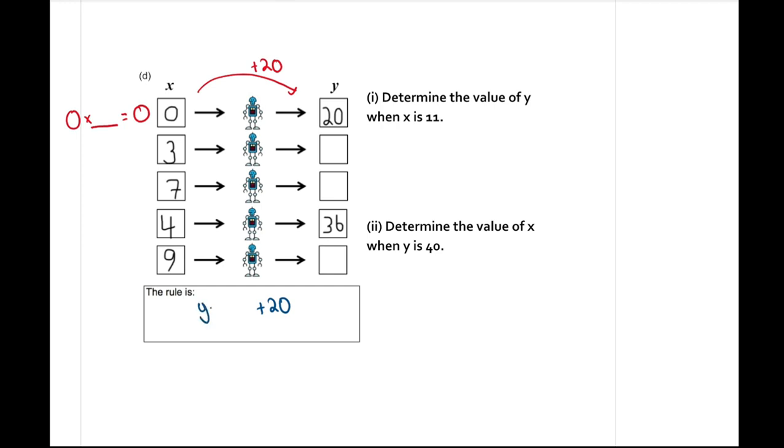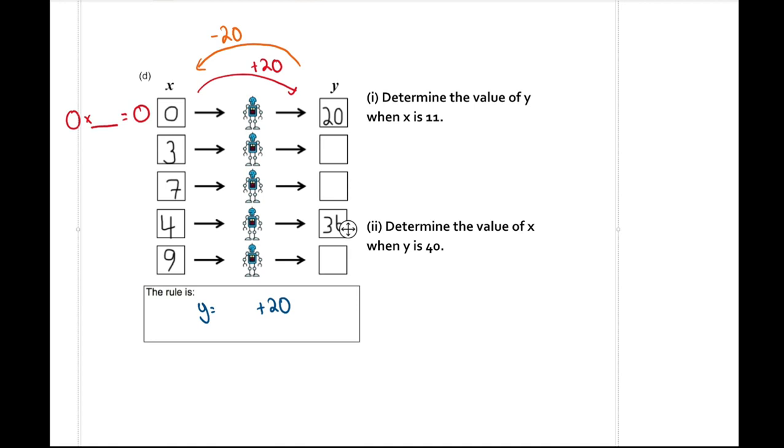I don't know what my multiplier is yet, so I need to figure out what I'm multiplying by first. Using that constant of 20, I can use that to help me with the other value I'm given, because I know that when I go in reverse, I have to subtract 20 first, and that might help me find my multiplier.